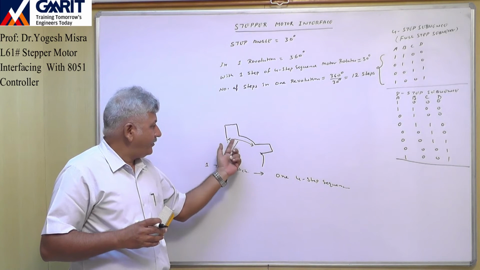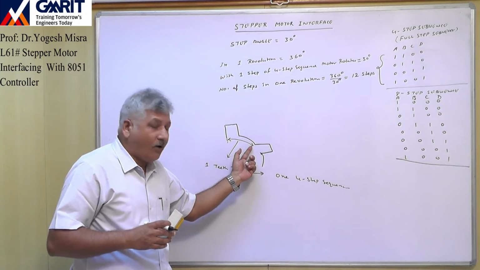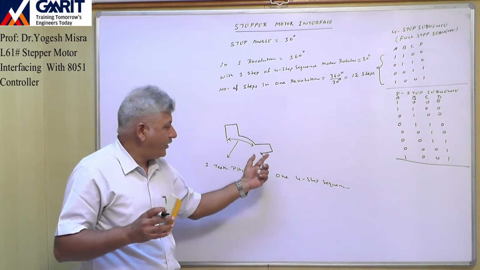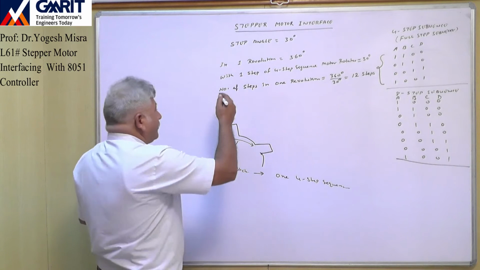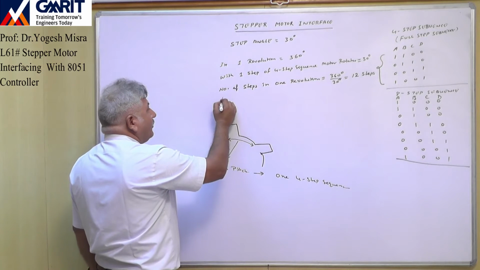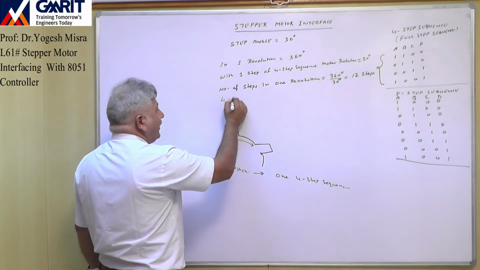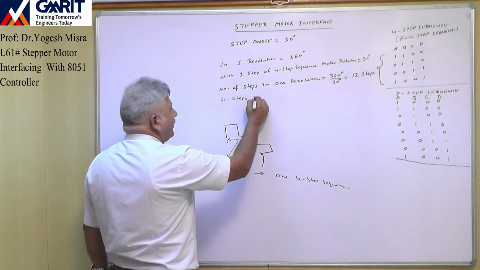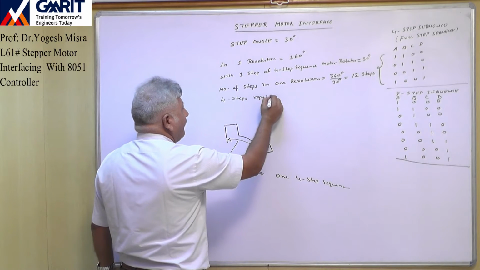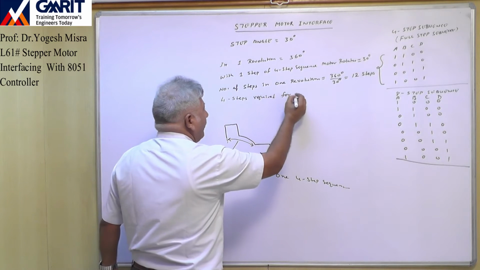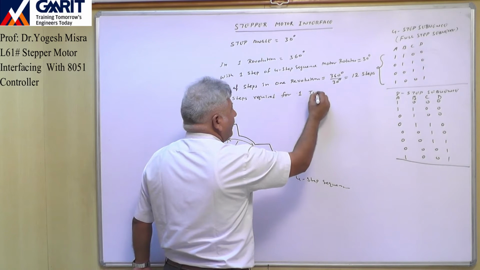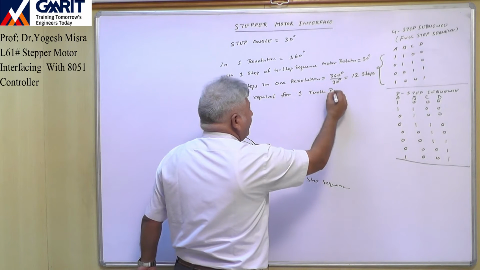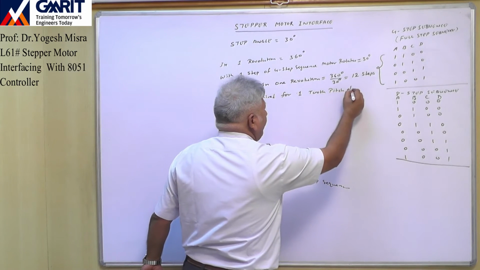So to rotate one tooth pitch of the rotor, we require 4 steps. So 4 steps are required for one tooth pitch of the rotor.